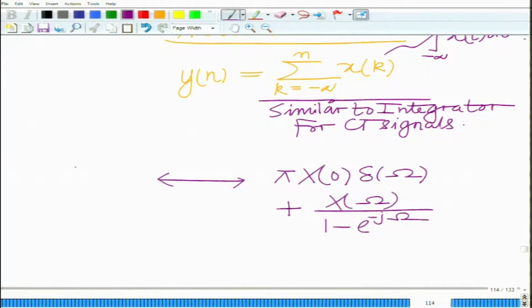So, that is basically your accumulation, that is your summation k equals minus infinity to n of x[k], that has the DTFT that is given as pi X(0) delta(omega) plus X(omega) divided by 1 minus e raised to minus j omega. All right. So, that is basically the result for accumulation of a discrete time signal.